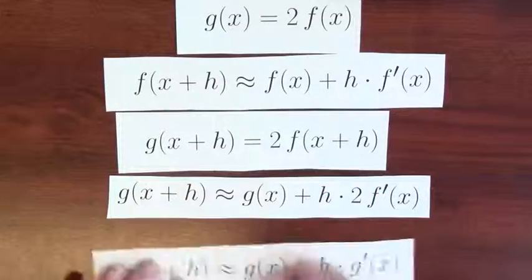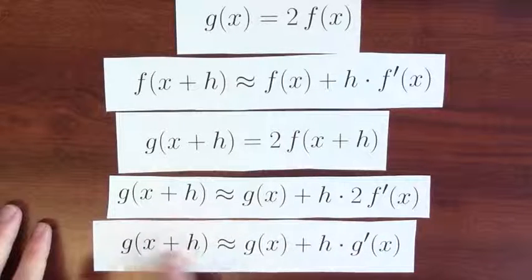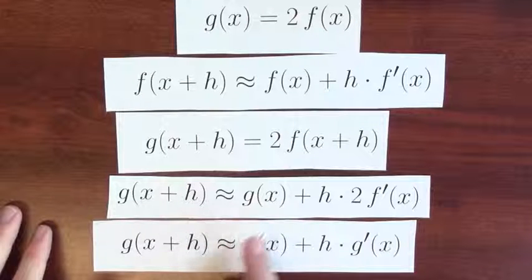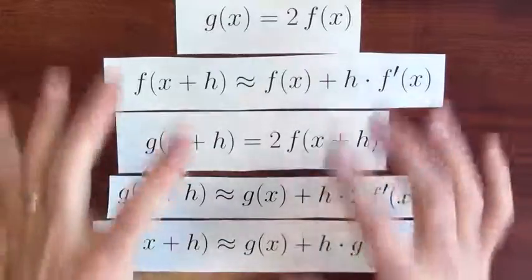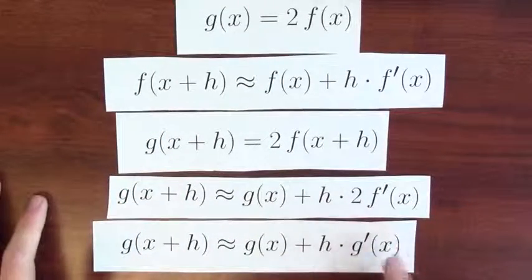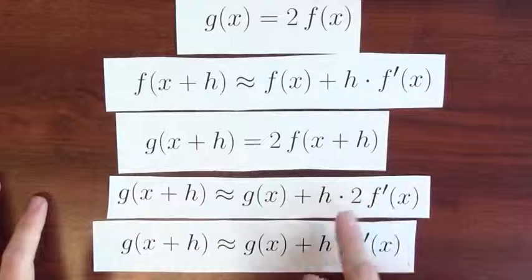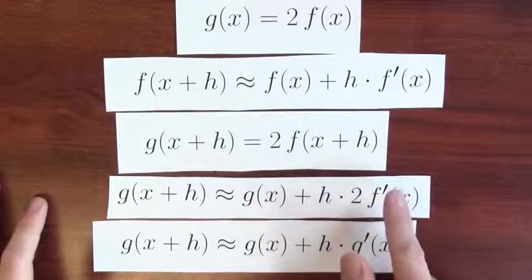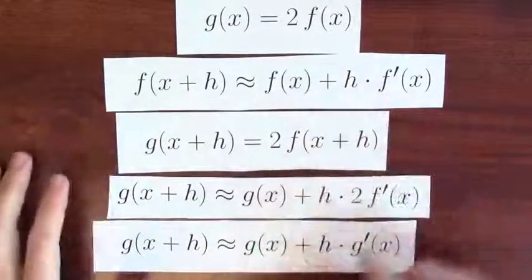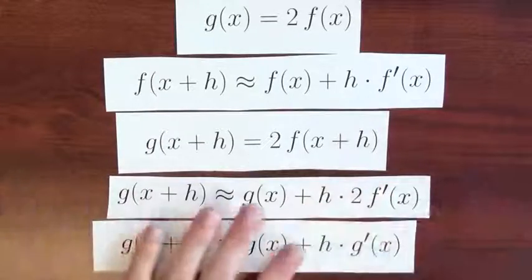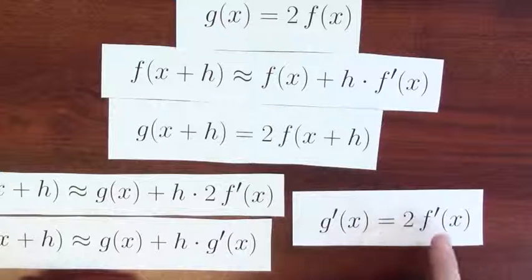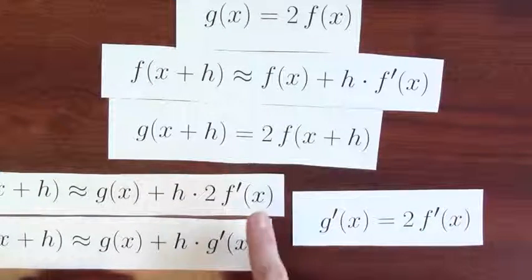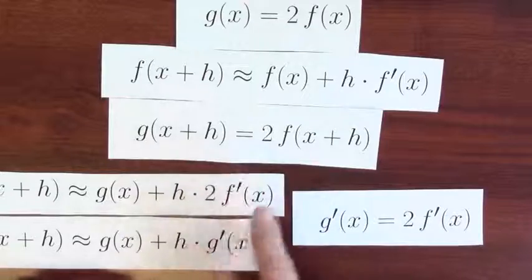Now, considering that the actual derivative of g would tell me some information like this, that g's output is about g's old output plus how much I change the input by times the derivative, you're beginning to see what's going on here, right? Look, I've got the derivative of g here, and I've got twice the derivative of f here. And if you sort of believe that these statements are connected in this way, you might then believe that the derivative of g is twice the derivative of f. The derivative of g here is twice the derivative of f.